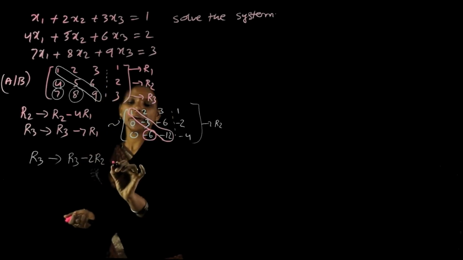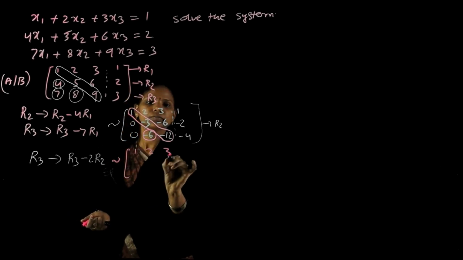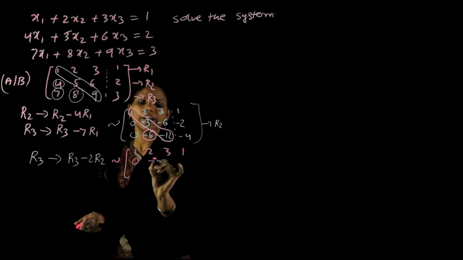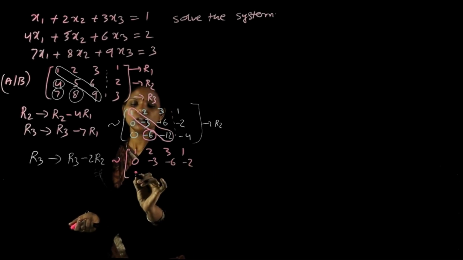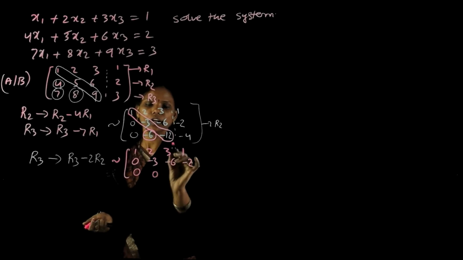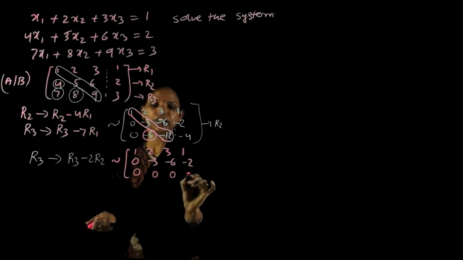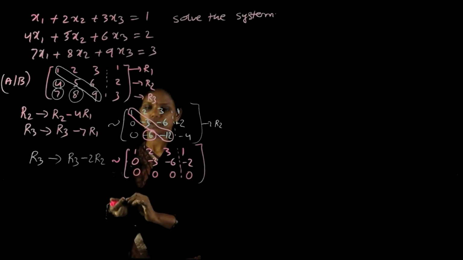Then the change in the matrix will be: no change in the first two rows, 0, minus 3, minus 6, minus 2. Now the change in the third row: using R2, here we get 0, here also we get 0, here also we get 0. Completely we got a zero row here.